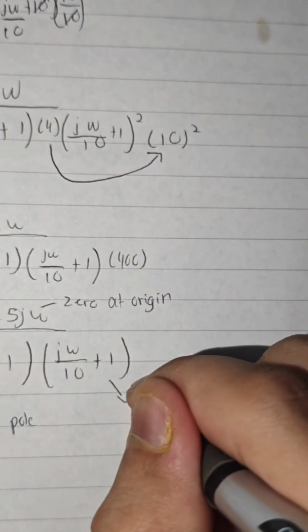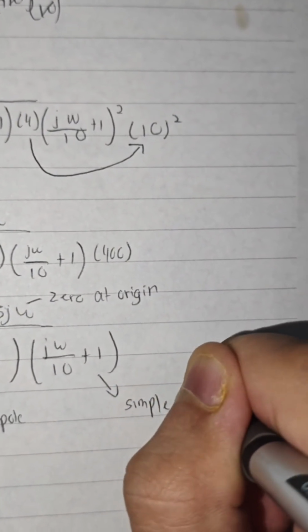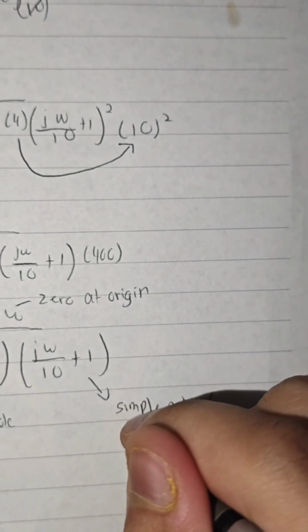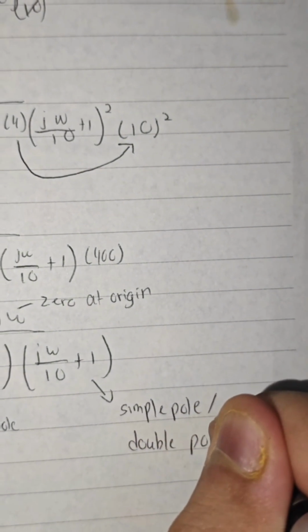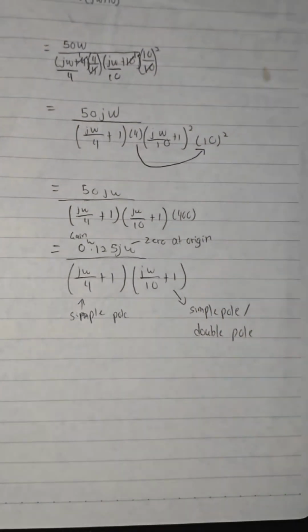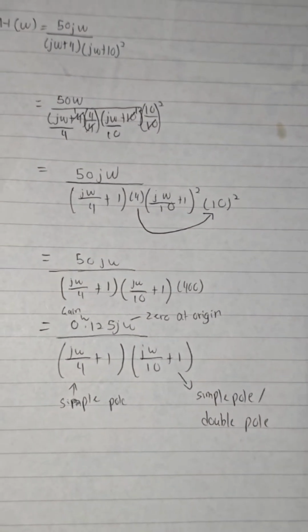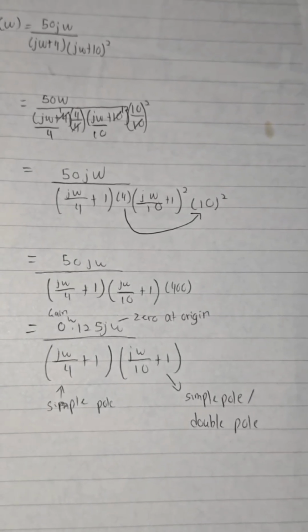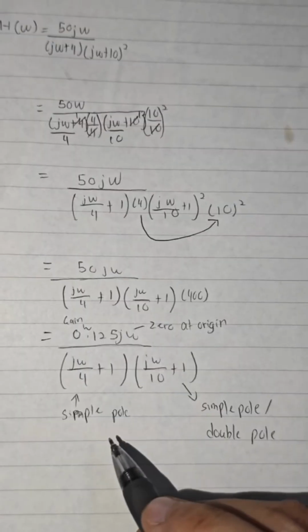The reason is this term has a power of 2. If there is no power of 2, we call it a simple pole. If there is a power of 2, it is a double pole. Same goes here, we do not have a power of 2 in these terms, so we call it a simple pole.